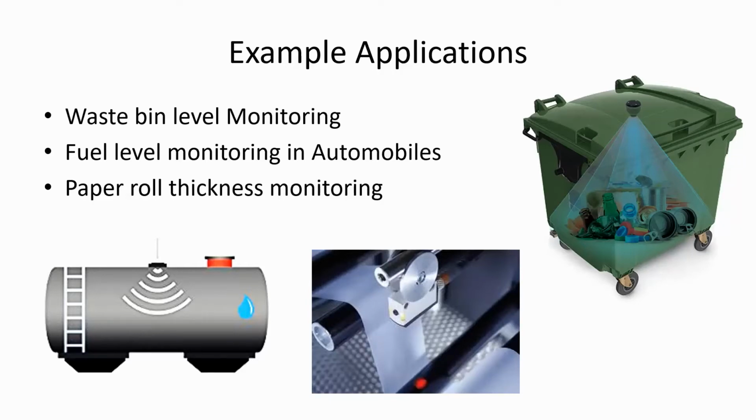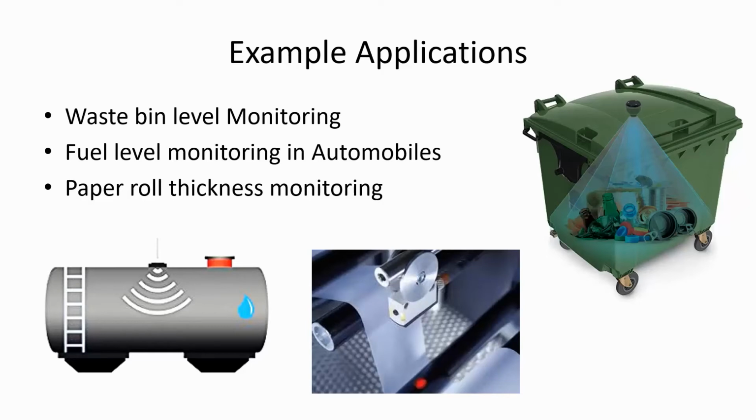Previously, capacitive type sensors were used for sensing the fuel level in the tank. In that case, the fuel tank had to be modified. Some holes had to be drilled, and the electrode had to be inserted inside the vehicle fuel tank.